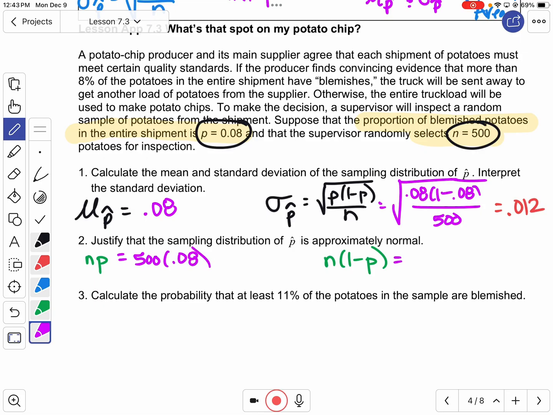And the other one, 500 times 1 minus 0.08. We use our calculator to get those two numbers. First one should be 40, and the second one should be 460. What number do those two things have to be bigger than? 10. Are they? Yes, they're both bigger than 10, so it is normal.